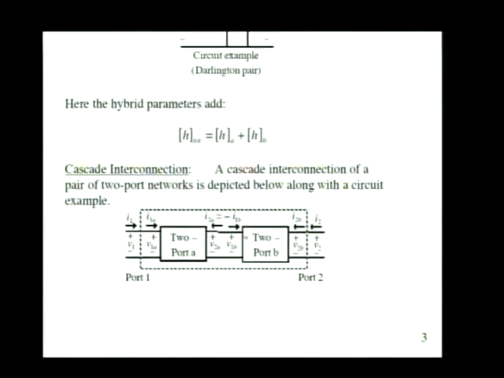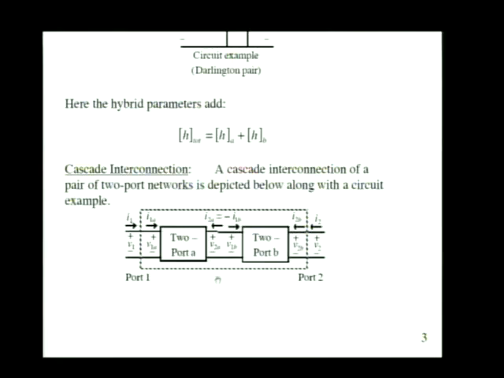Okay, now here's the fourth and final type of interconnection I'm going to talk about, the cascade interconnection. This is the one that you may have thought of when you first heard the word series interconnection. We call that a cascade interconnection. It's a very common interconnection. You see two-ports connected like this an awful lot in networks.